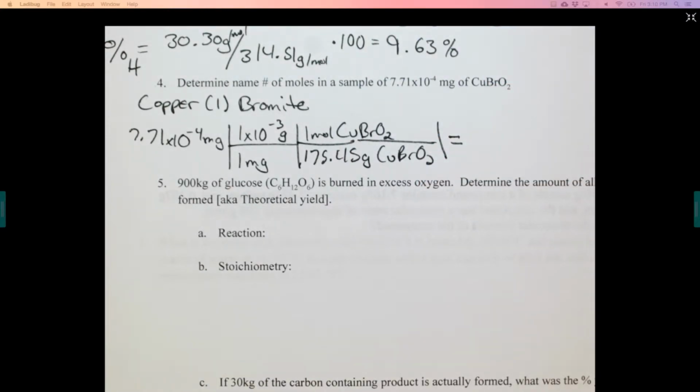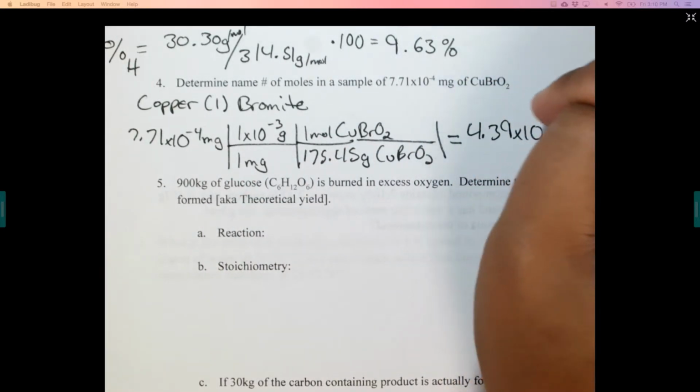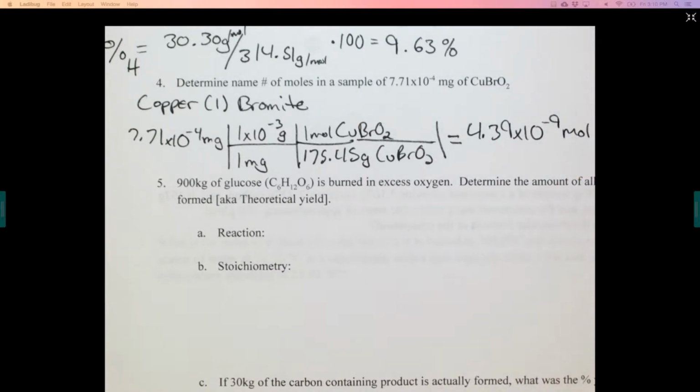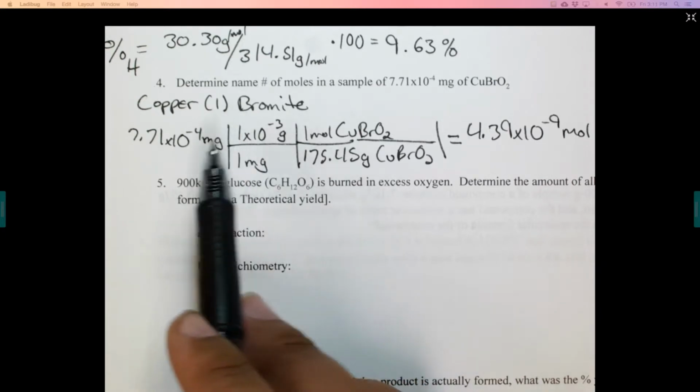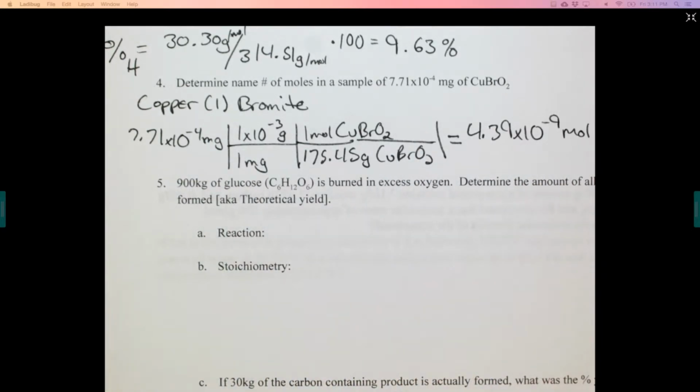Once we do the math here, we end up with 4.39 times 10 to the negative 9 moles, or 4.39 nanomoles. So again, this is a mass to mole conversion.